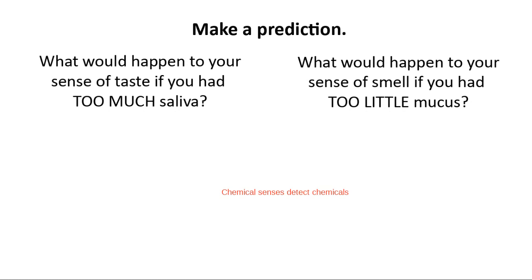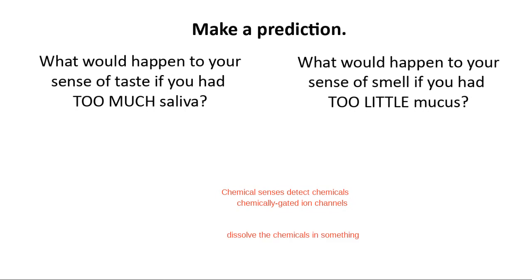And since that's what we're detecting in chemical senses, we're using chemically gated ion channels. When we think about detecting those chemicals, absolutely, like Kira's mentioning, we have to dissolve the chemicals in something.